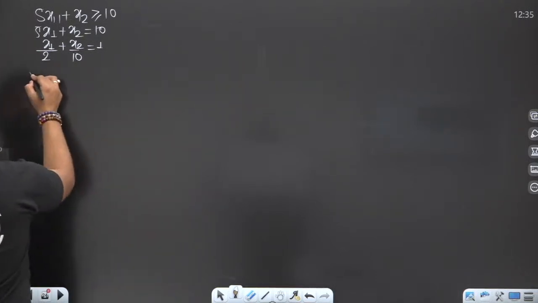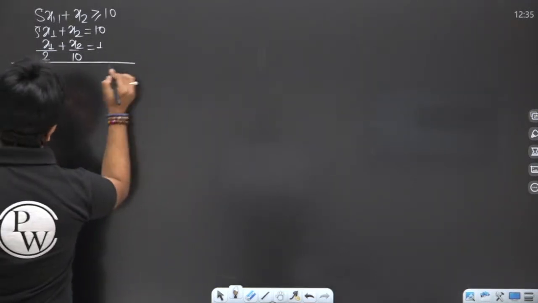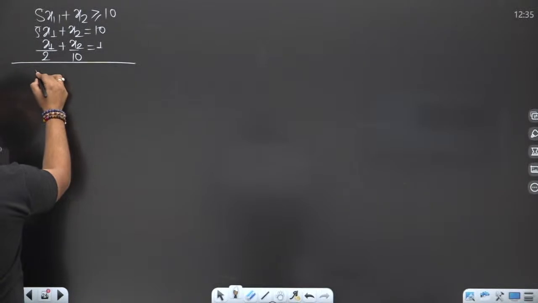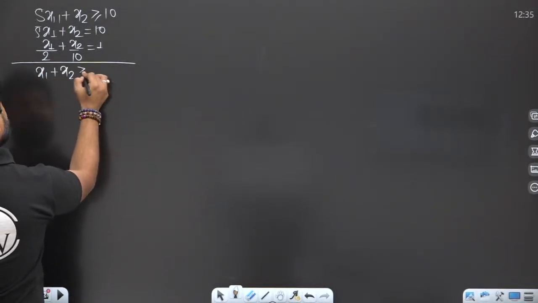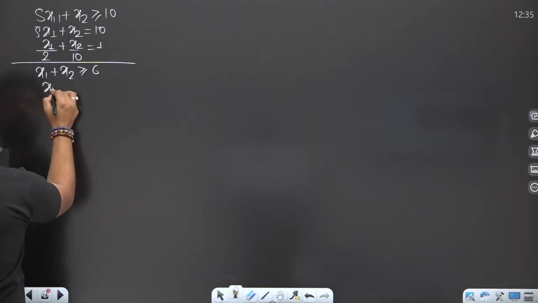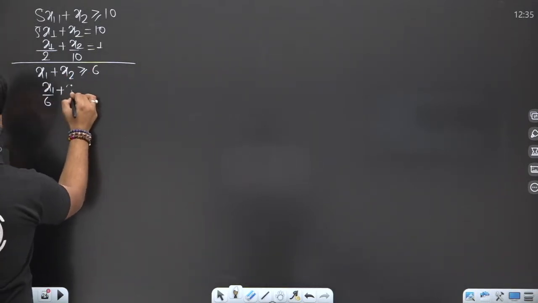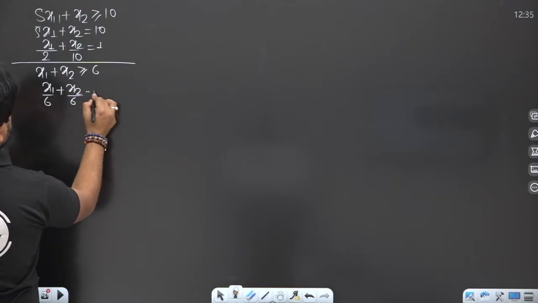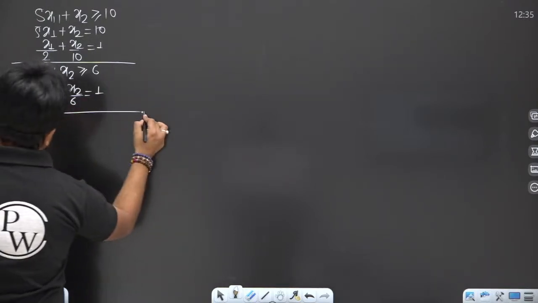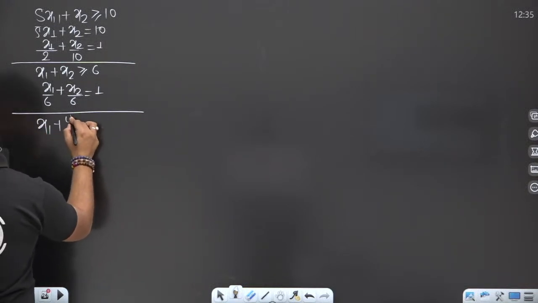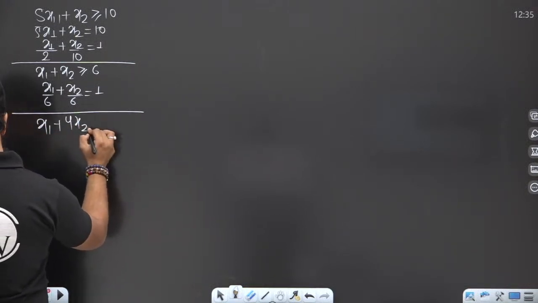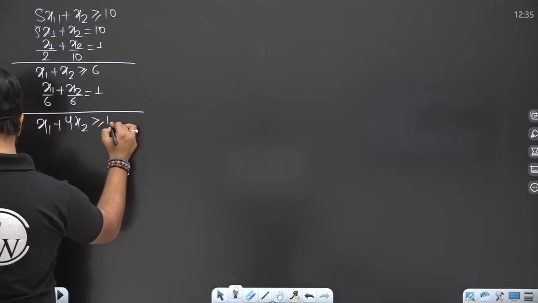Similarly, the next inequality, x1 plus x2 greater than or equal to 6. Remove the inequality: x1 by 6, x2 by 6 equal to 1. Similarly, the third inequality, x1 plus 4x2 greater than or equal to 12.